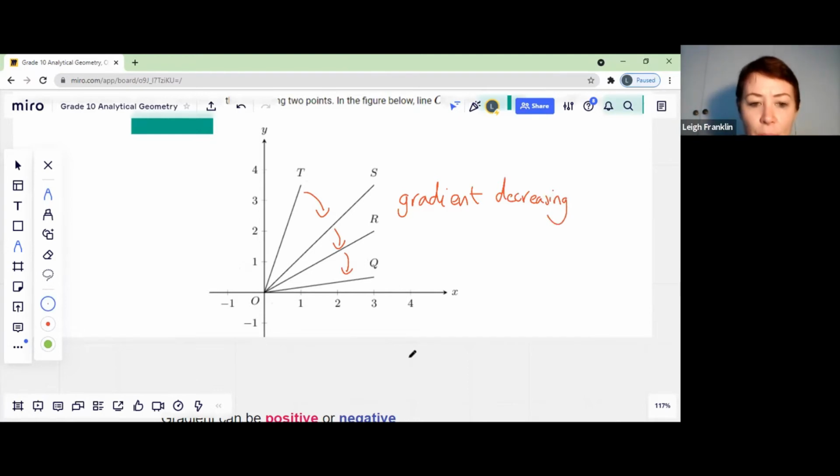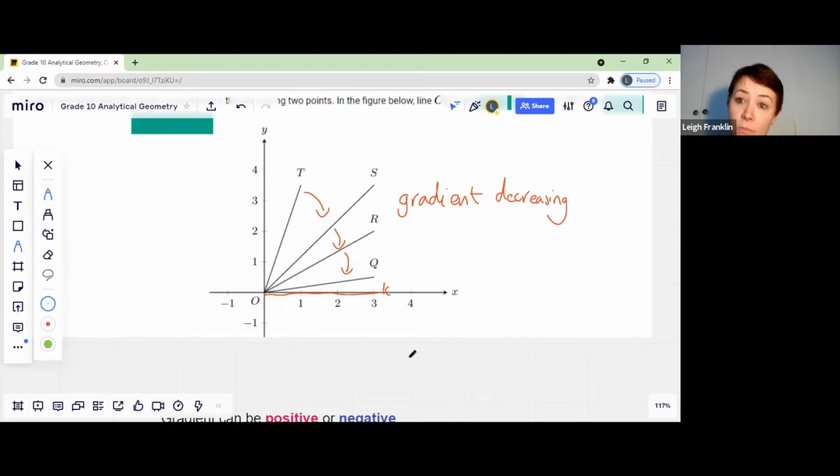If I had a point at O, and I now drew a straight line, and let's say I decided to call that K. The gradient of OK is going to be 0. Why will it have a 0 gradient, do you think? If you were standing at O and you had to walk to K, would you be walking uphill?